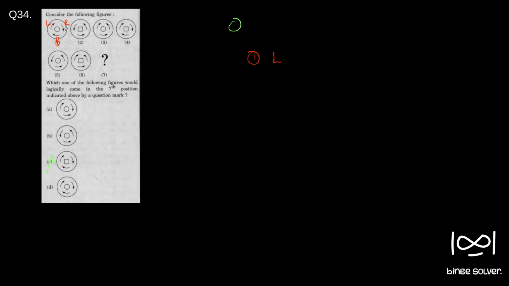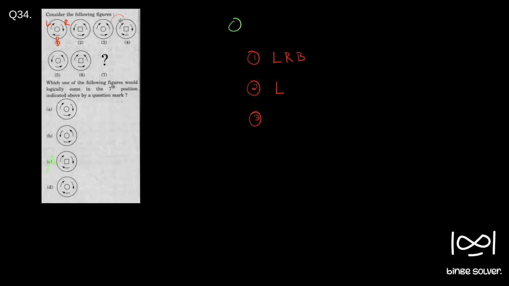The right arrow is also getting inverted, so right arrow is changing, and bottom arrow is getting inverted, so bottom arrow is also changing. So from the second figure to the third figure, left arrow is changing, right and bottom arrows are not changing, they remain the same. So that is the change happening.